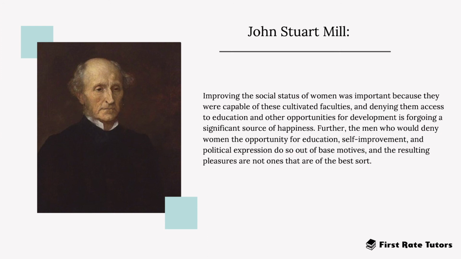Improving the social status of women was important because they were capable of these cultivated faculties, and denying them access to education and other opportunities for development is foregoing a significant source of happiness. Further, the men who would deny women the opportunity for education, self-improvement, and political expression do so out of base motives, and the resulting pleasures are not ones that are of the best sort.